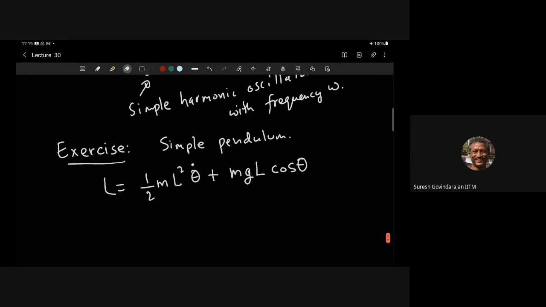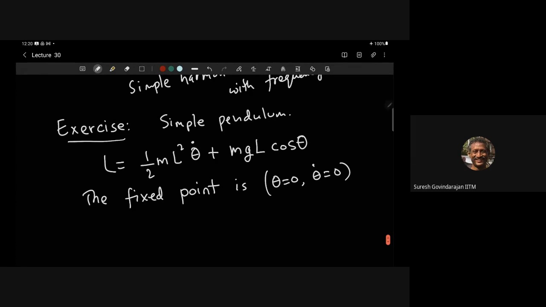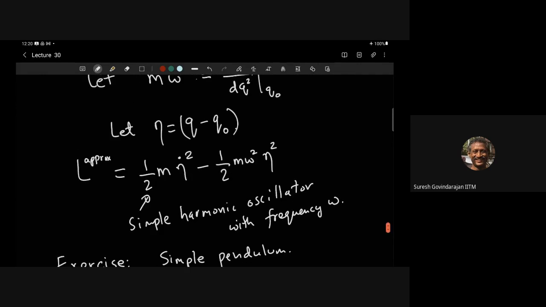So here the fixed point is, what is the fixed point? Show that omega is equal to root g by L. We can easily check this. So just do this exercise, which will illustrate this simple idea.